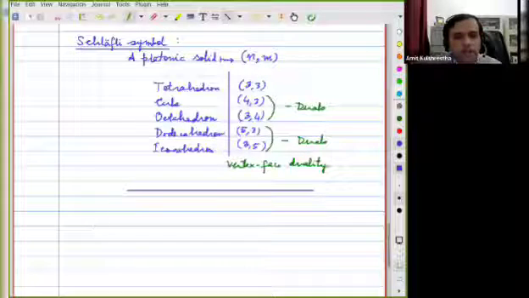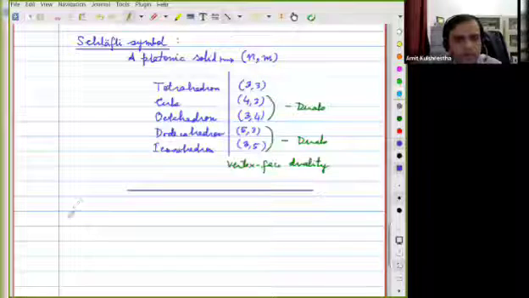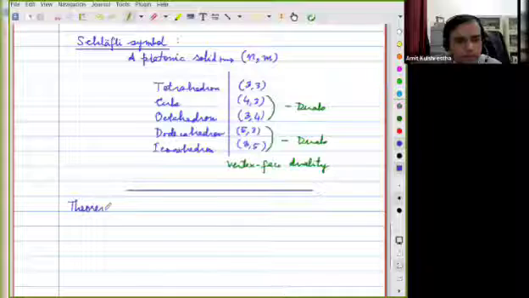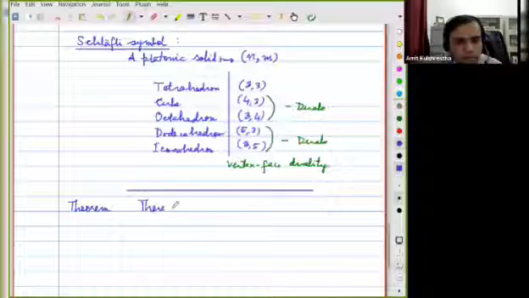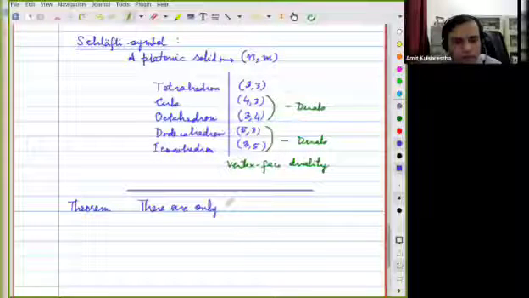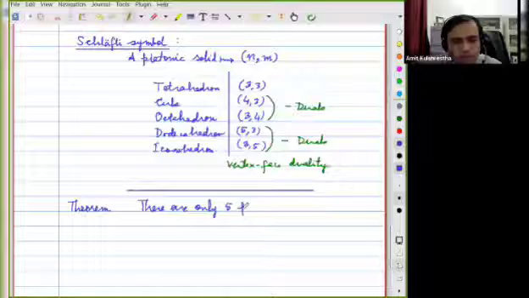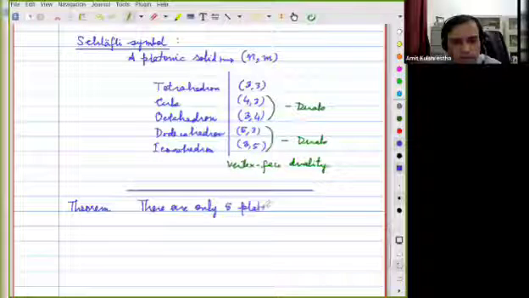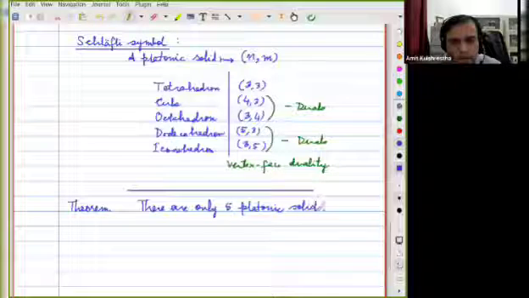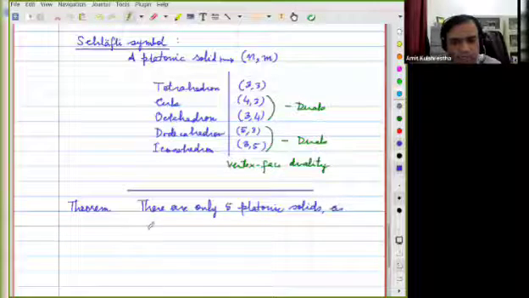And that's a theorem. The theorem is, there are only 5 platonic solids, as listed above.